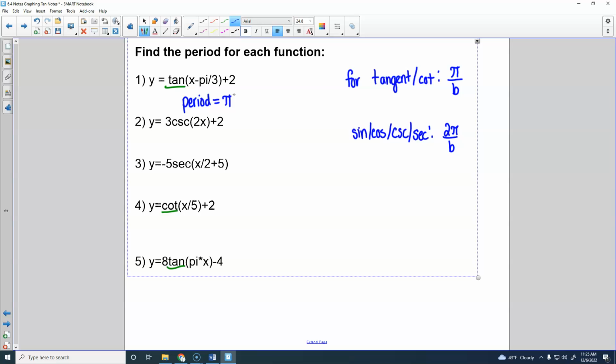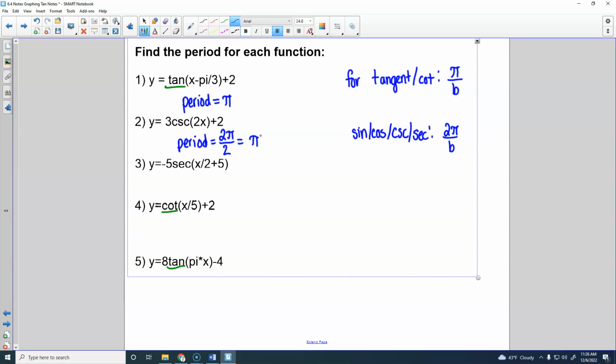Because it'd be pi over 1, which is pi. Okay? But if I'm doing something like cosecant, just treat it like it's sine and cosine, right? So for your period here, you would do 2 pi divided by the b value, which is the number in front of your x. So that'd be the 2, which would just give you a period of pi.